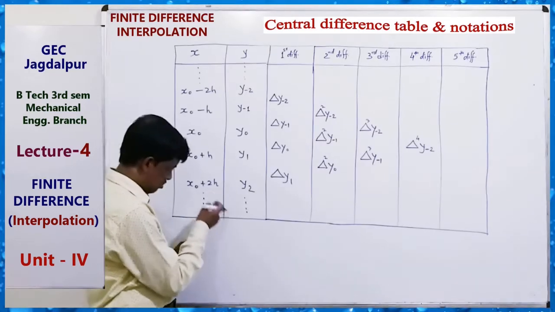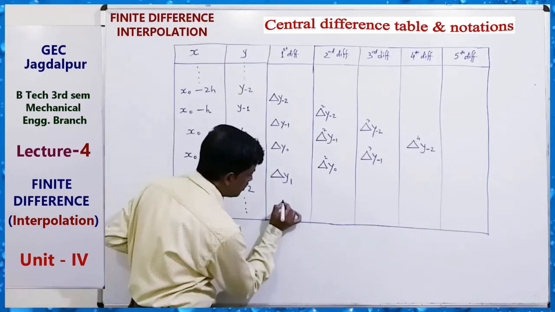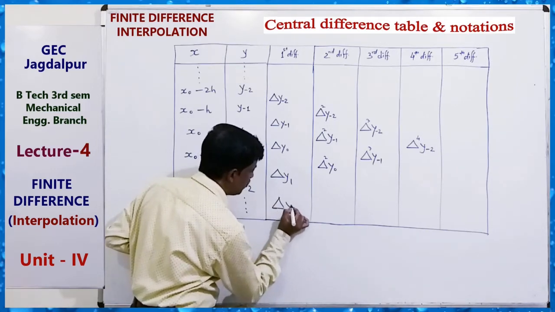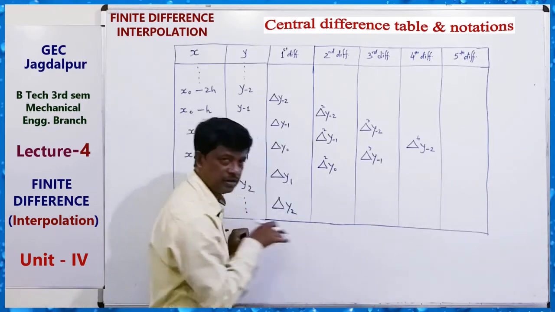If we take further values, then here the values will be del y 2, and so on.